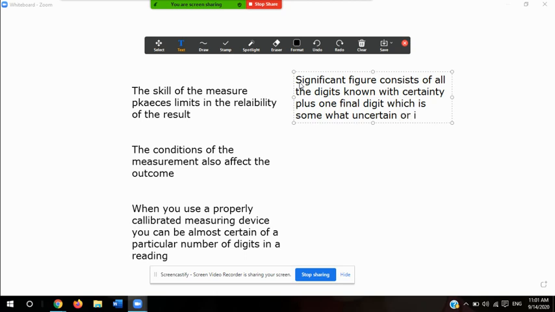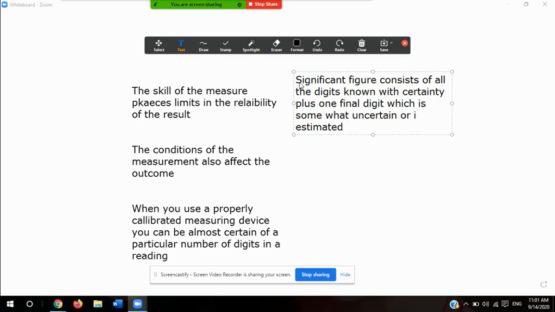So in a significant digit, and we're going to talk about rounding in our next video lesson, there's always numbers that are certain, but there's always one number that is estimated. We're not going to say rounded because rounded has another series of rules, but always estimated. So there's always those digits that are for sure, and there's always going to be one that's going to be estimated. So that's what a significant figure is.